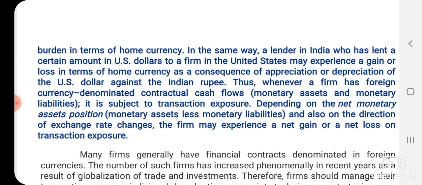We know that only when there is a deduction can we know this. For example, when we prepare a profit and loss account, here also it is the same. If from monetary assets we deduct monetary liabilities, then we can know whether there is a gain or loss. If there are more monetary liabilities, we get losses. If there are more monetary assets, we have profits.